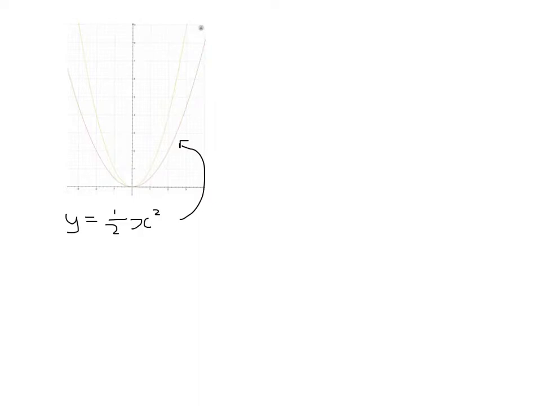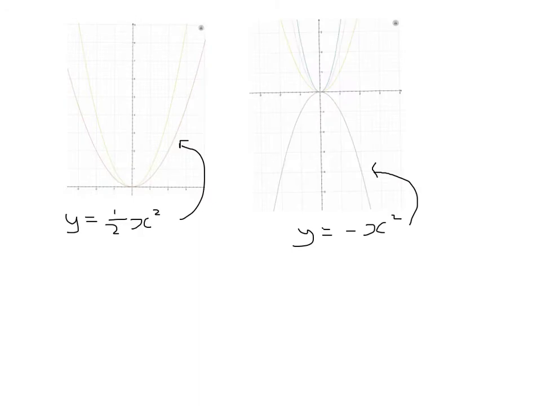So as a goes up, it gets steeper. As a goes down from 1, it gets wider. What happens if a is negative? So let's have a look at y equals negative x squared, or negative 1x squared. You can see here when y equals negative x squared, it flips the graph, so it now becomes upside down.